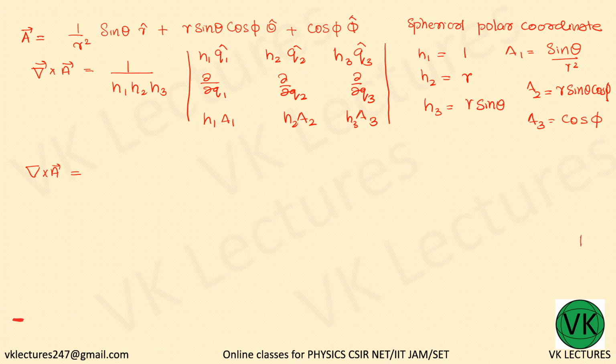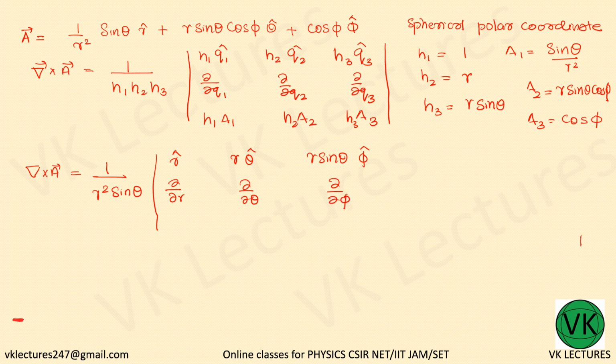That's equal to 1 by h1 h2 h3, the product of h1 h2 h3 is r square sin theta, so 1 by r square sin theta into: h1 is 1, this is r cap; h2 is r, theta cap; h3 is r sin theta, q3 cap means phi cap; dou by dou r, dou by dou theta, dou by dou phi.